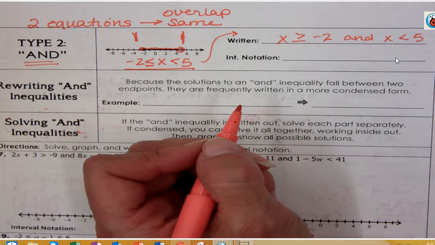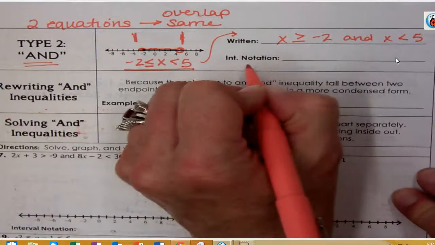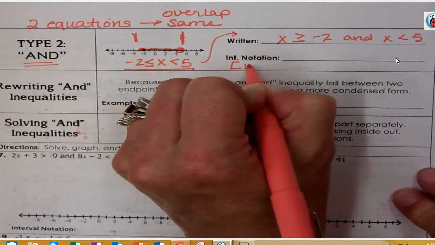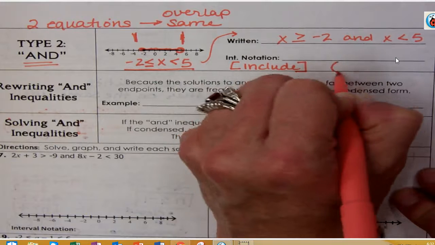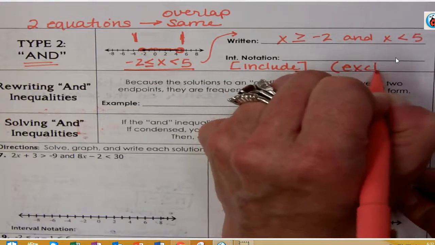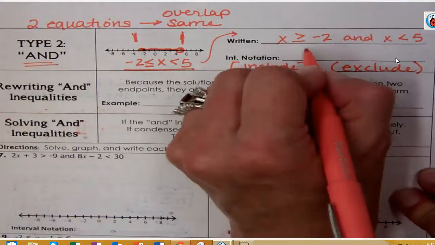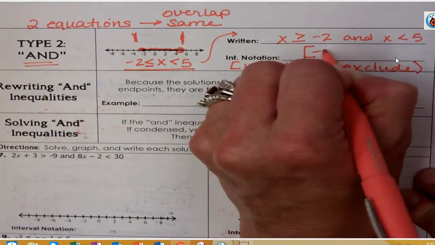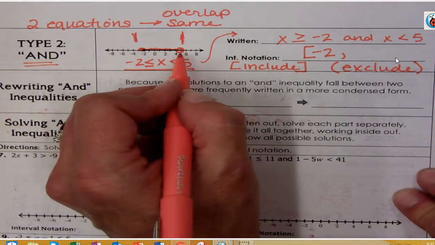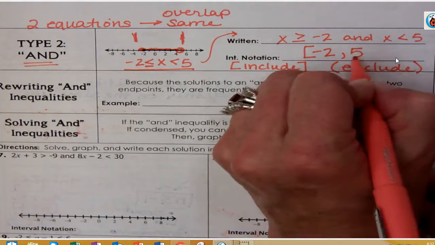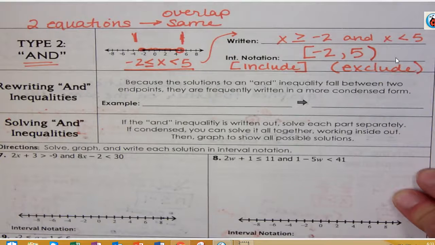All right. Well, the interval notation is going to be, again, same thing. When we're doing brackets, we include. When we do parentheses, we exclude. So we're including the -2, so we're going to use a bracket, -2, comma, but we're not going to infinity. We're stopping at 5. But we're excluding that 5, so we need to put the parentheses there.